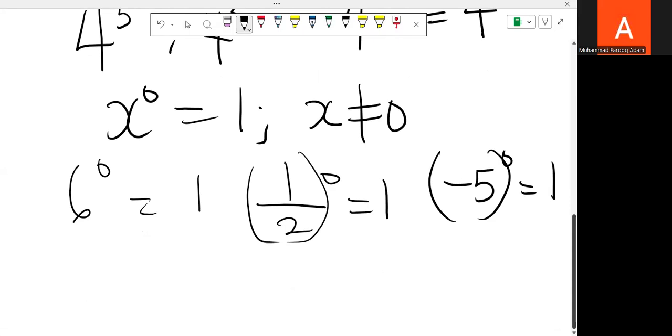We also have another law. The fourth law is x raised internally to the power of a and externally to the power of b.